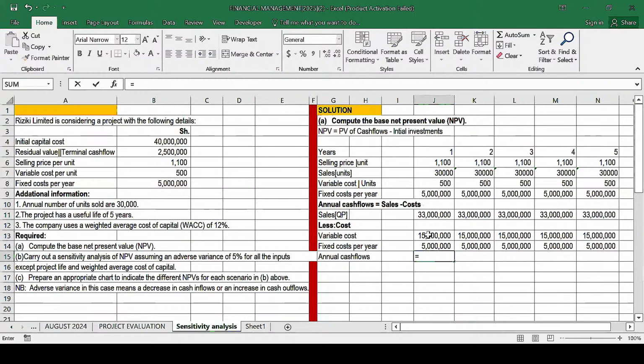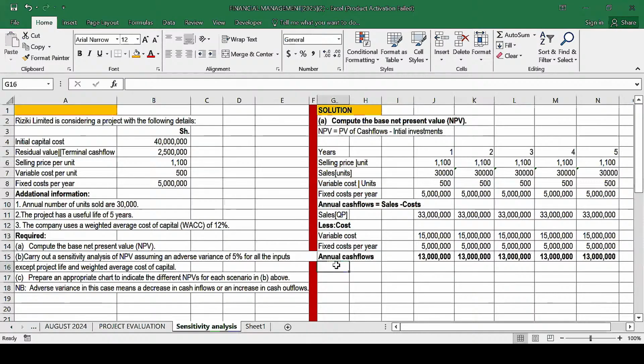So I will take this one minus this one, and basically get the annual cash flows. So I apply that formula up to year 5 like that. I can also, in this case, bold this one. Control B. Yes, I think I can just bold that one. Yes. So we have the annual cash flows.